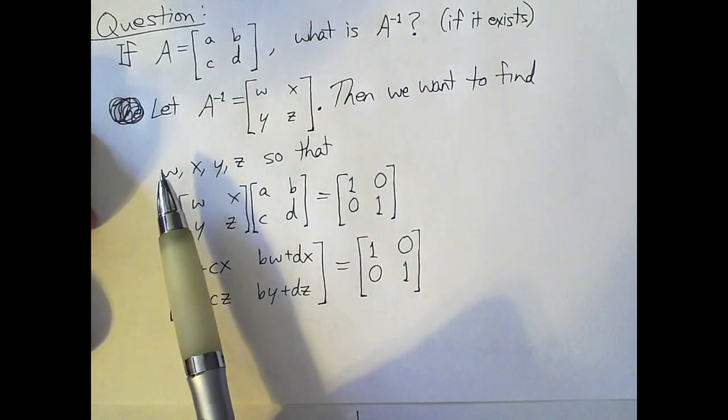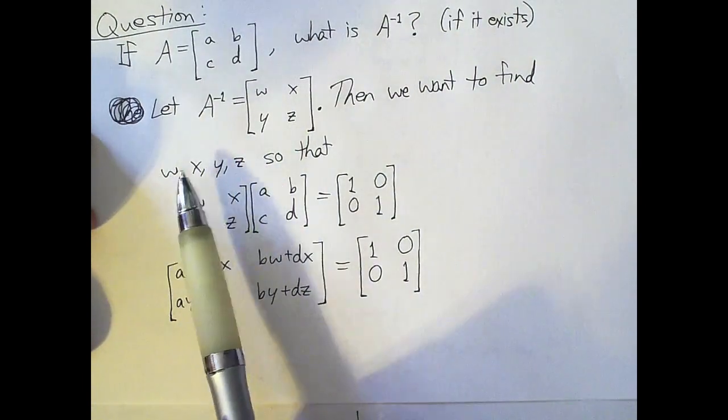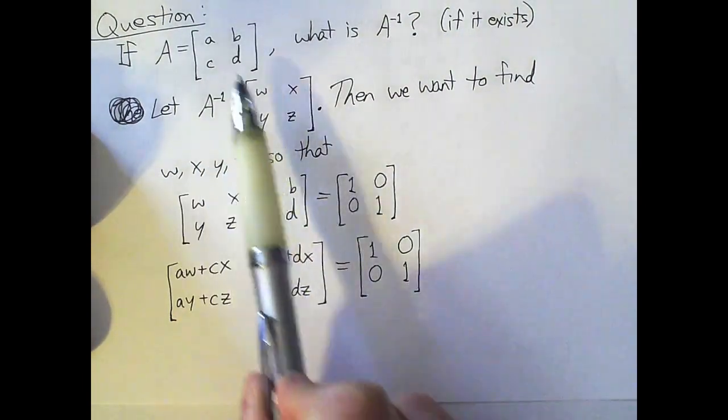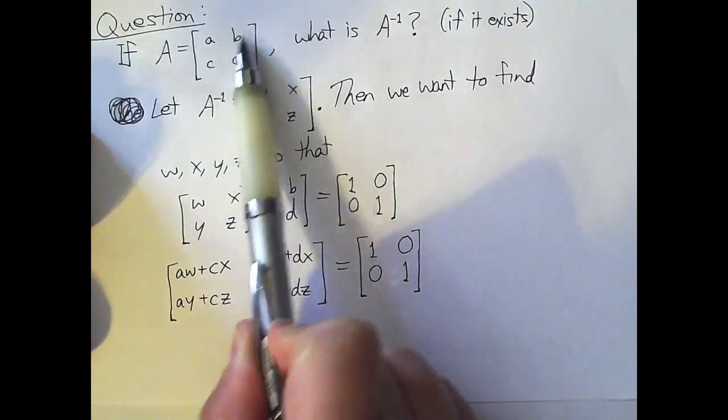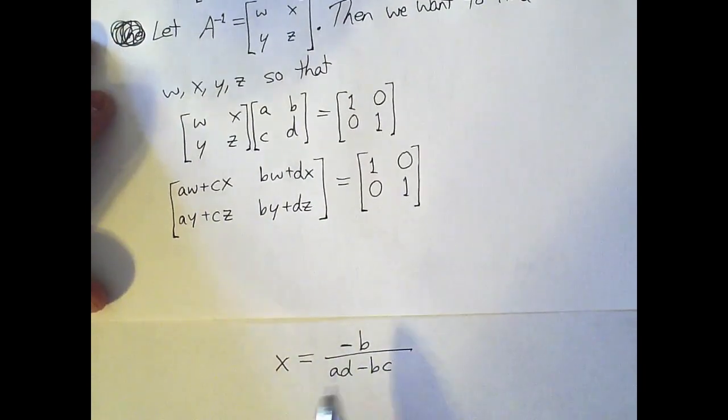So we want to find W, X, Y, and Z. And I told you that I was expecting that they would probably be in terms of the original letters, A, B, C, D. Well, look what we just found. We found X in terms of A, B, C, and D, right? It has all 4 of them. Not in order, but yeah, it has all 4 of them.